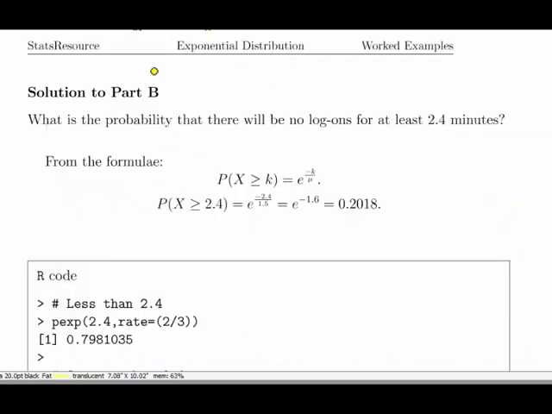So we'll move on to the solution to part B: what is the probability that there'll be no logons for at least 2.4 minutes? There are multiple ways of specifying the formulae. This is a slight variation of what I usually have: the exponential of minus k divided by mu.